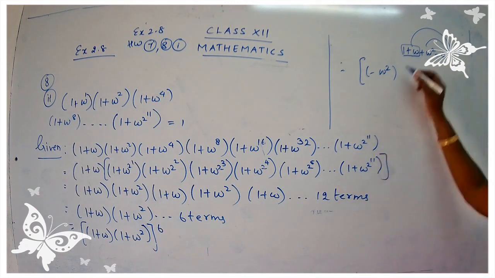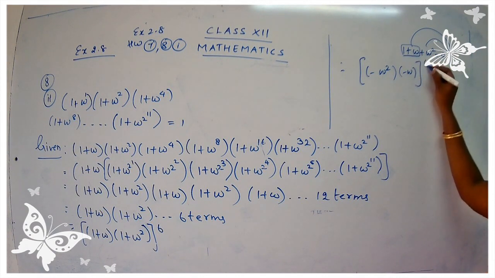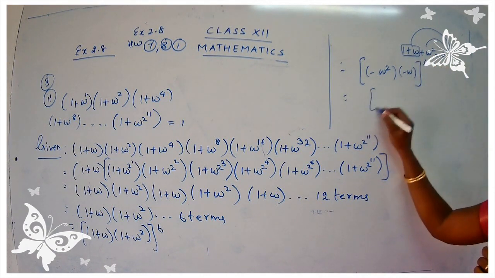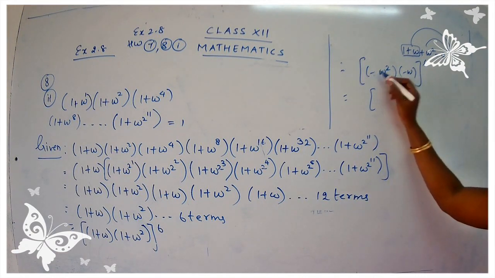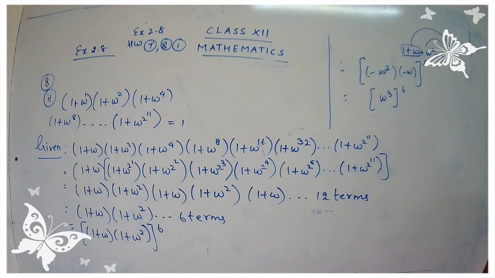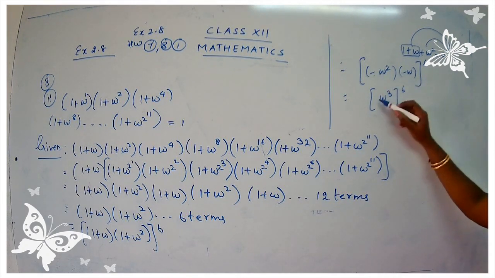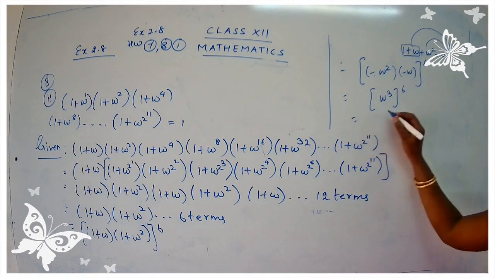Minus omega square, and for this, minus omega, the whole raised to 6. So this is minus omega square into minus omega, minus into minus gives plus, omega cube, raised to 6. Minus into minus is plus, omega square into omega is omega cube, raised to 6. I know the value for omega cube. What is the value?